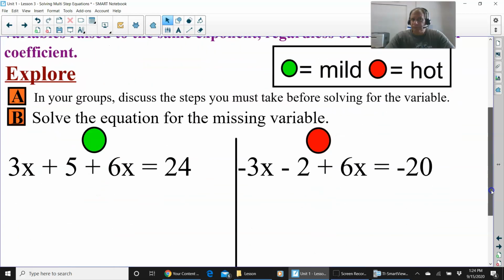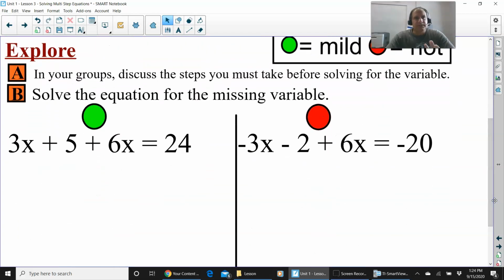I know you're alone watching this video, so you can't do it in your groups, but discuss the steps you would take before solving the variable. Solve the equation, right? So we're talking about combining these like terms, and I'm just going to underline them because I know a lot of people like to either box them out or underline.